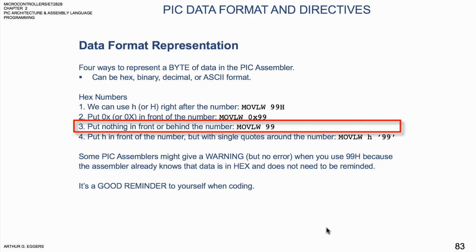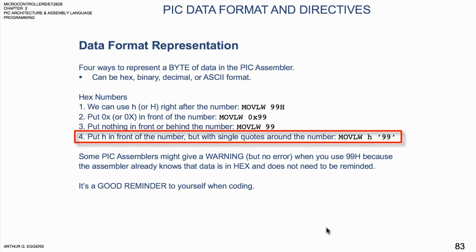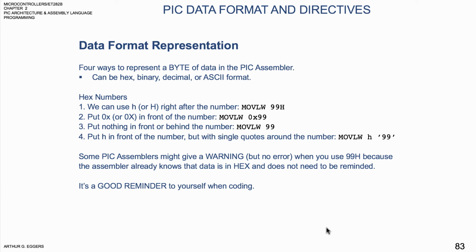In every case, it's a hex numbered location or a literal hex value. And number 4, put an H in front of the number, with single quotes around the number, like this: movlw H, single quote, 99, close single quote. We use all 4 of these methods because many application notes out there use some or all of them to get the job done.